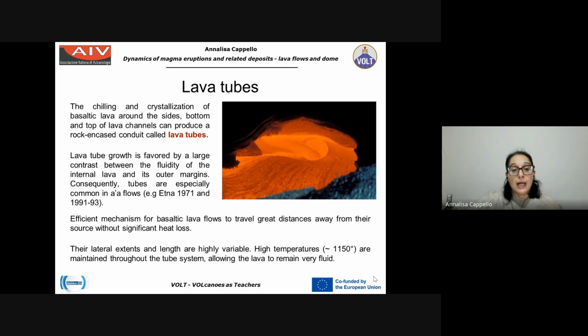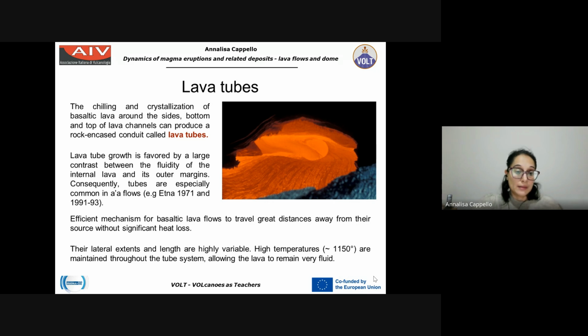temperature. An example, Teide, for example, in 1971 or in 1991-1993. These lava tubes can be very different both in the width and the length.